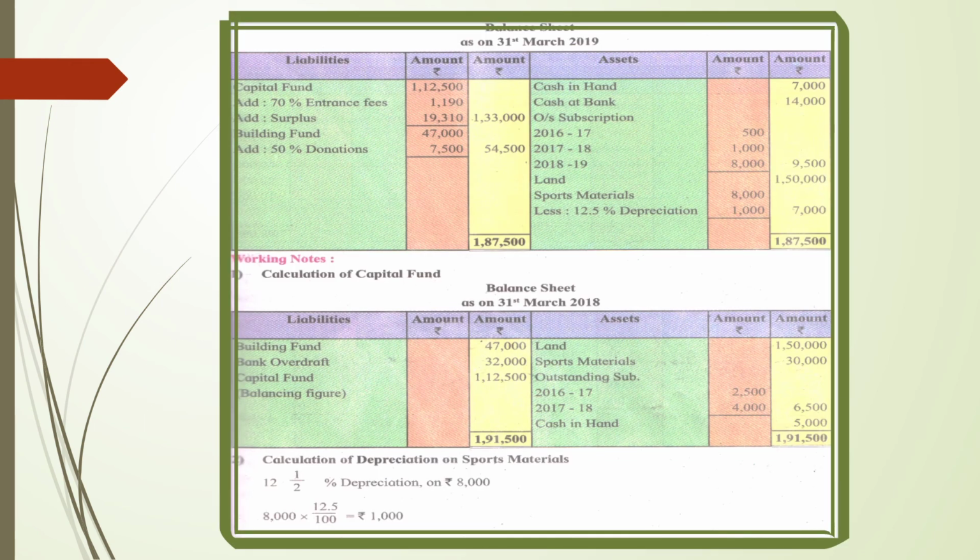And this capital fund is mentioned in the closing balance sheet liability side. So you should write the capital fund amount in the closing balance sheet inner column liability side, 1,12,500.